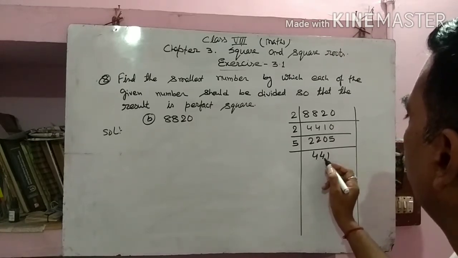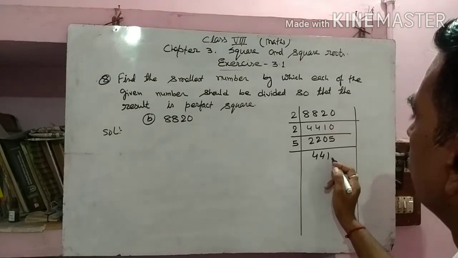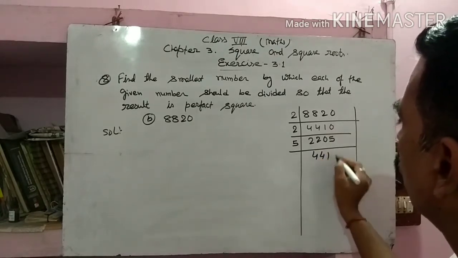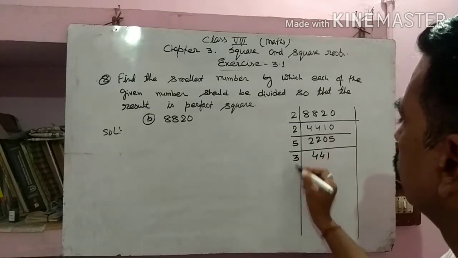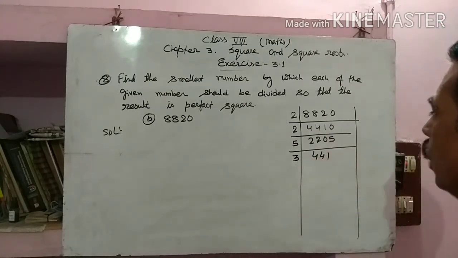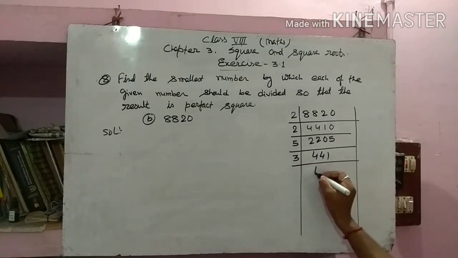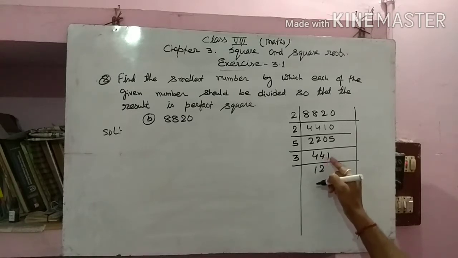Then 4 plus 4 plus 1 becomes 9. So 9 is divisible by 3, which means this number 441 is also divisible by 3. You know this divisibility rule, which you learned in lower classes. So this becomes 3 times 1 is 3, 3 times 2 is 12. What remains? 2 and 1, 21. 3 times 7 is 21.